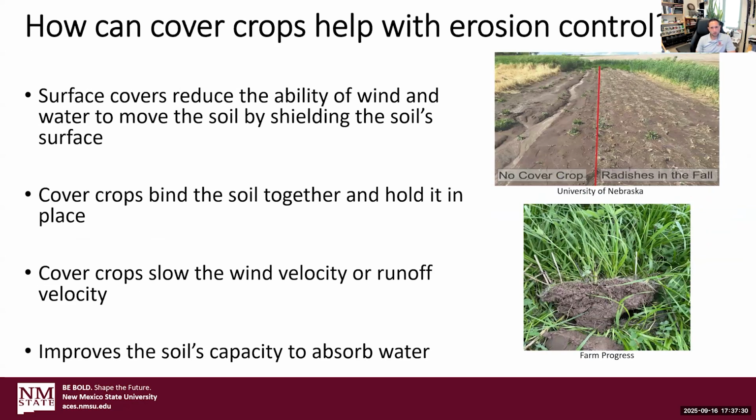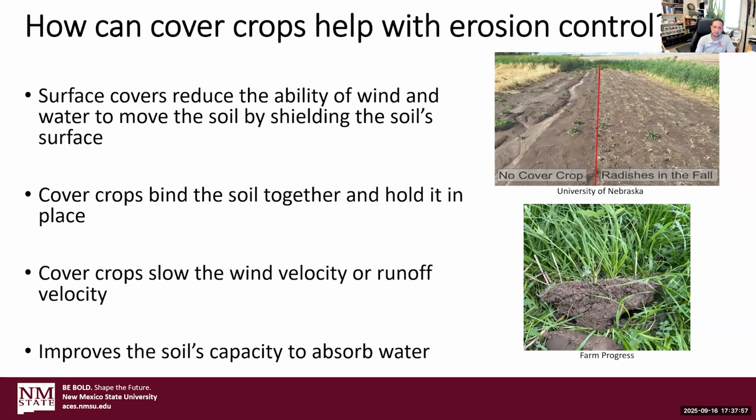So how can cover crops help with erosion control? So the surface covers reduce the ability of wind, which we get a lot of in the spring, and water to move the soil by shielding the soil surface. And so the cover crops can bind the soil together and hold it in place, which you can see on the bottom picture.